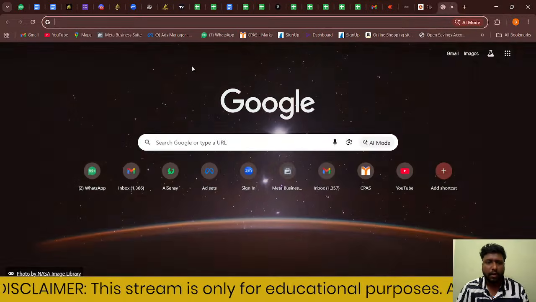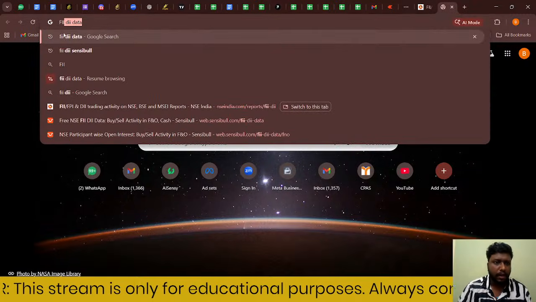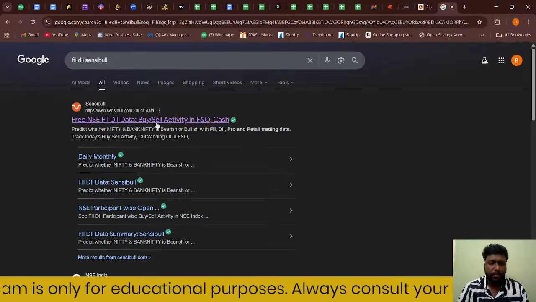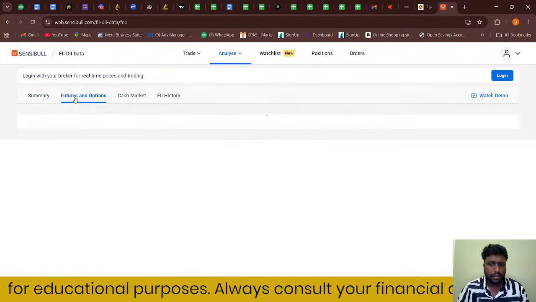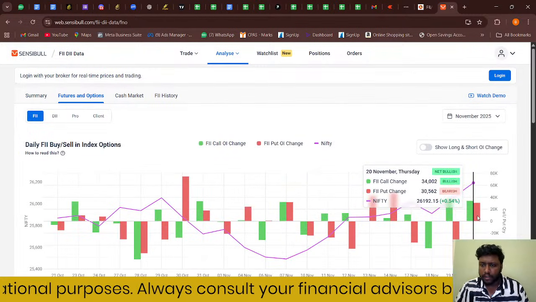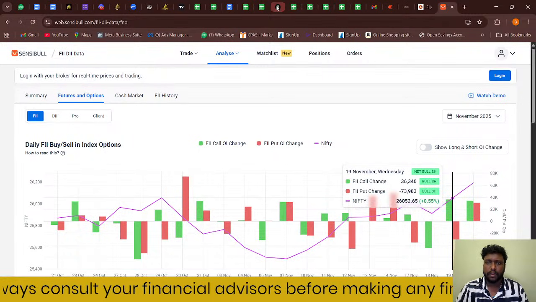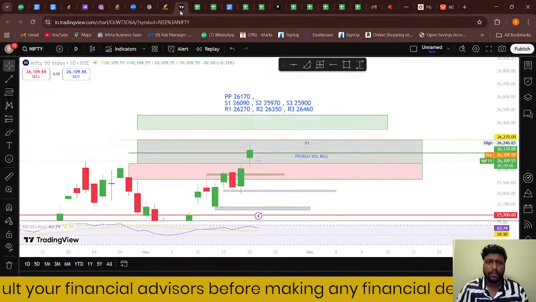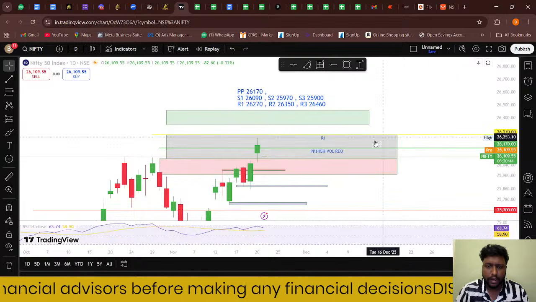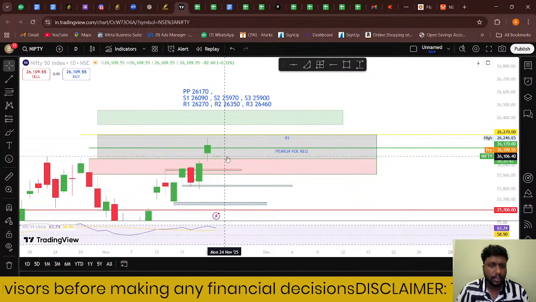We will see what it shows on the F&O side with respect to FIIs. On the FII side also it is showing net bullish, so we should be cautious about this movement.